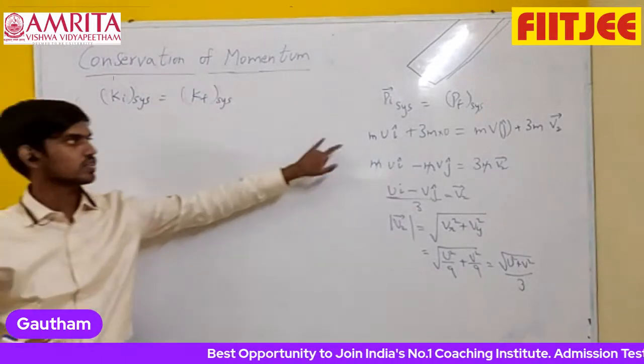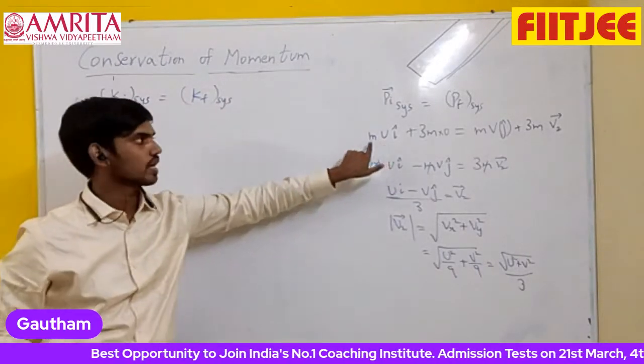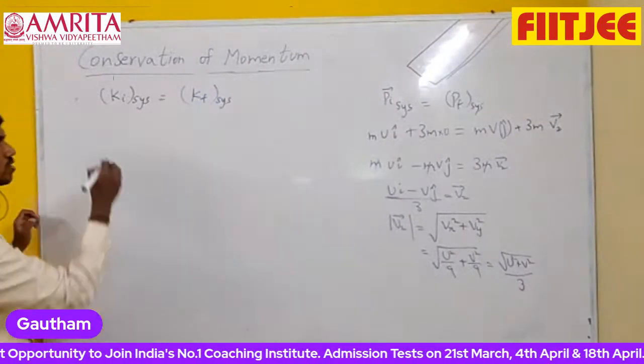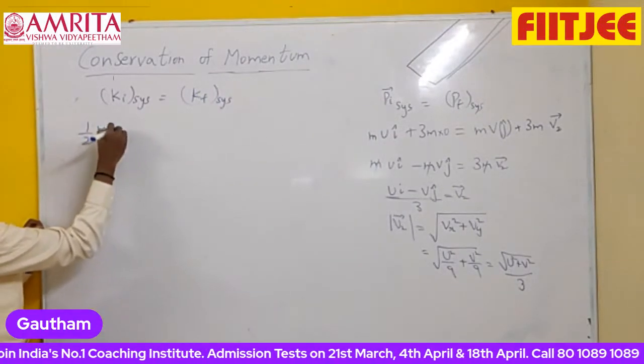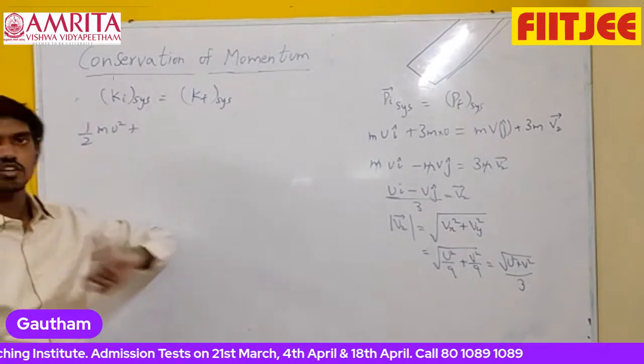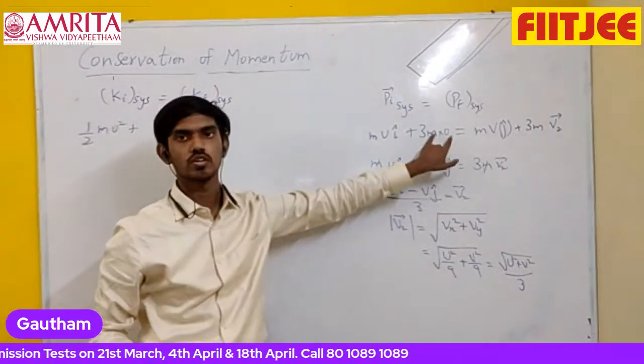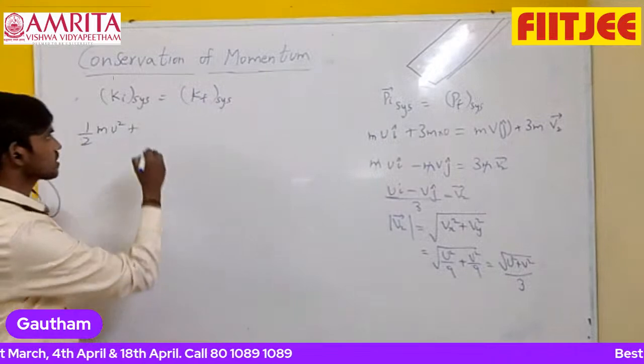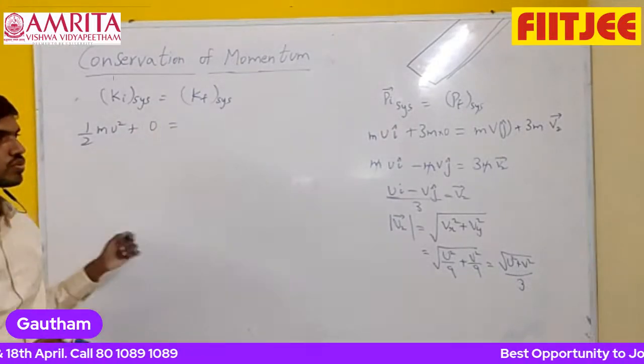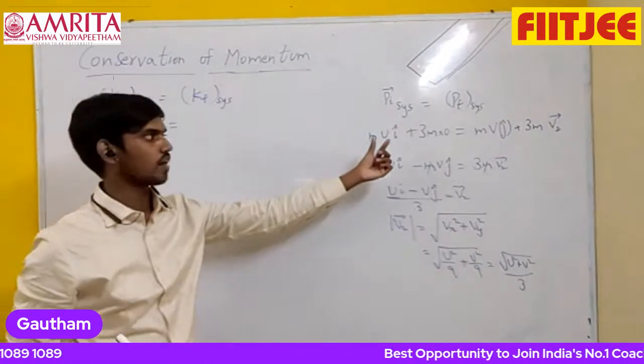So இப்போ initial kinetic energy of this body m, initial speed u, so half into m into u square plus kinetic energy of 3m is 0. Initially அது ரெஸ்ட் இருந்துச்சு, so அதுக்கு kinetic energy இல்ல, is equal to kinetic energy of first body after collision.